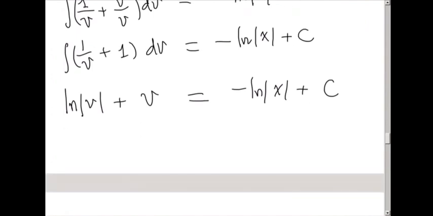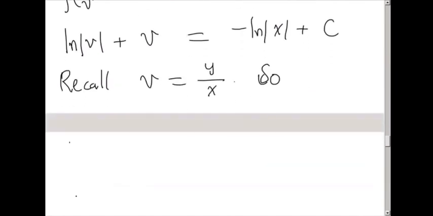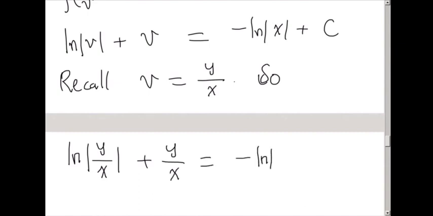Now how do we get back to y? Recall that v is y over x. Right? So whenever we have v, we should replace it by y over x. We have natural log of y over x plus y over x equal to minus natural log of absolute value of x plus c.